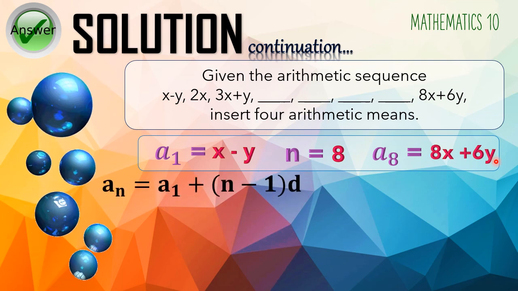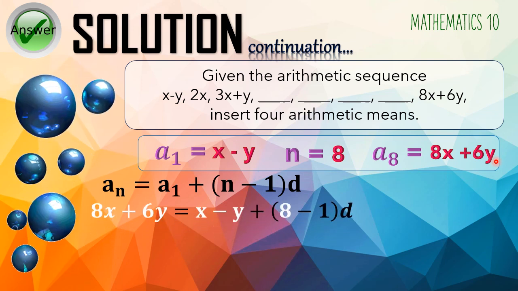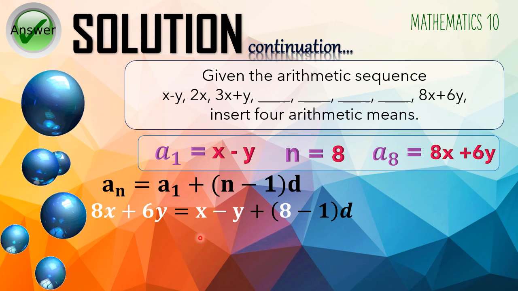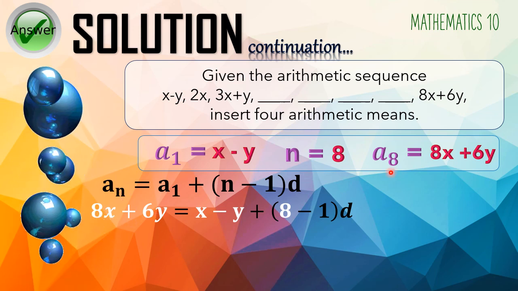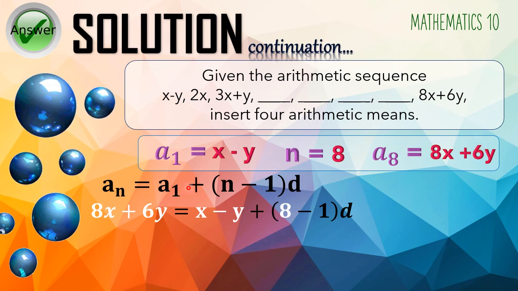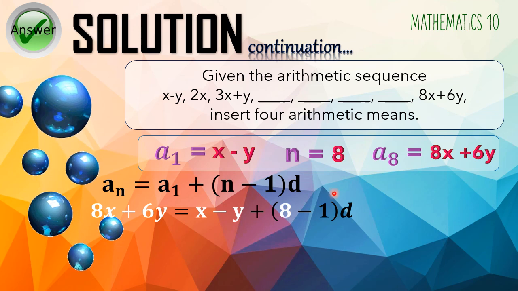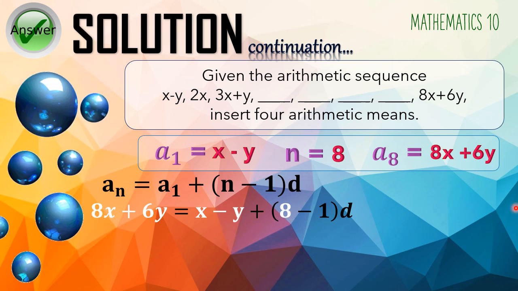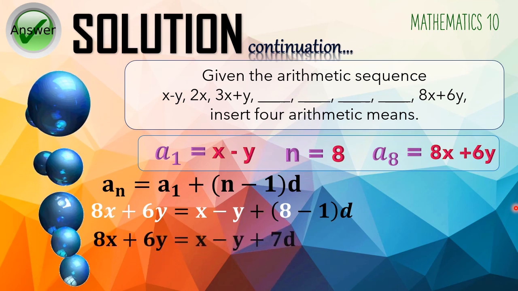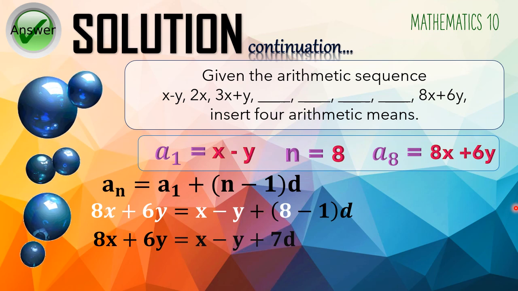So, applying or substituting in our formula for arithmetic sequence, we would have this one. You substitute a sub n, or the last term, as 8x plus 6y. Your first term is x minus y. And your n is 8, and d is retained because this is what we're looking for. And so, perform the indicated operation. Take note, you are only allowed to combine like terms.